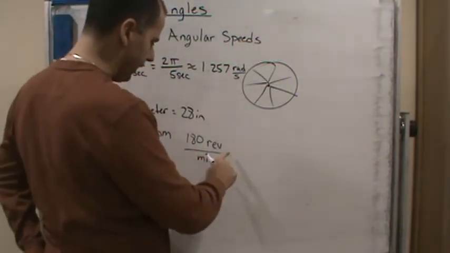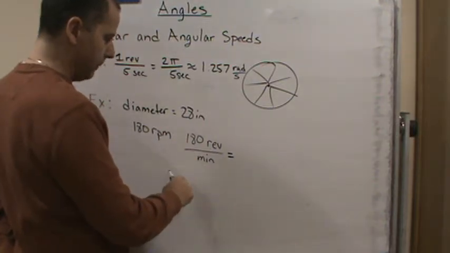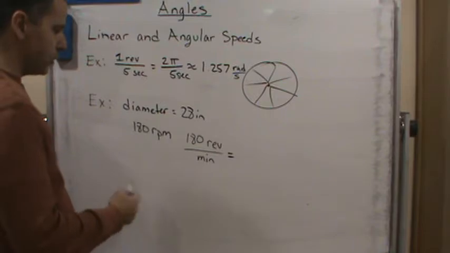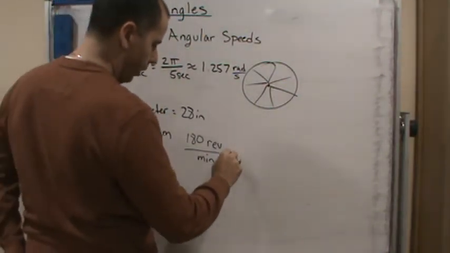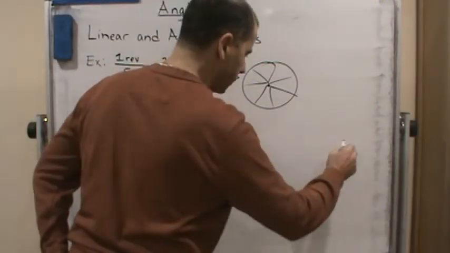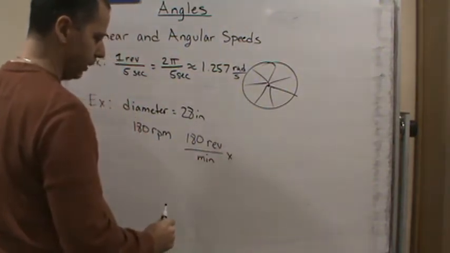So 180 revolutions, how do I do this? Well, I'm going to use conversion factors, because my goal is miles per hour, so I need miles on top, hours on the bottom.